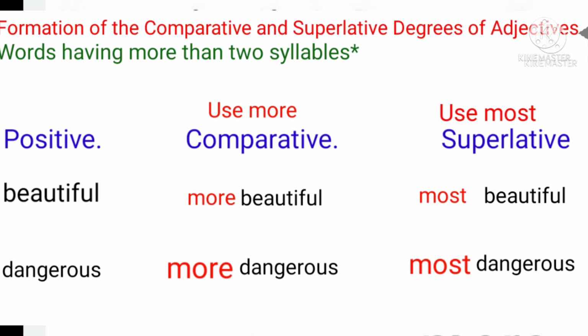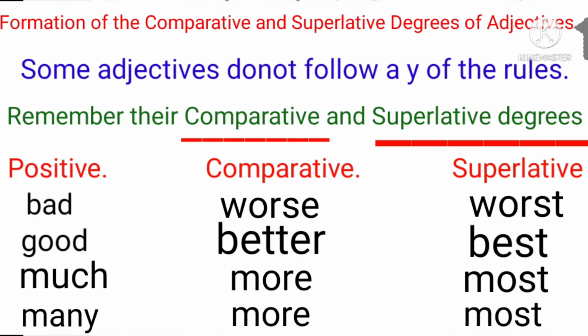Okay, so dear students, there are some adjectives that don't follow any of the rules. And for such adjectives we need to remember their comparative and superlative degrees. So it means we have to cram those adjectives' comparative and superlative degrees. A few of the examples I have given here, like bad. Bad's comparative degree becomes worse and superlative worst.